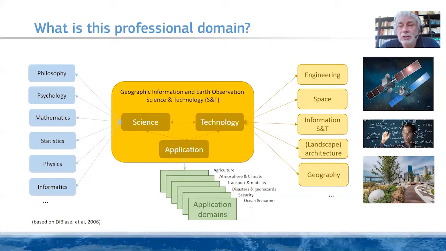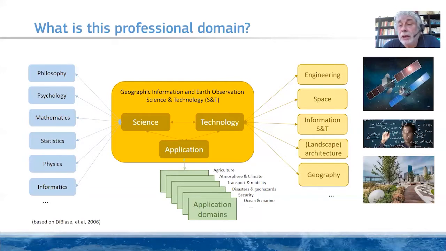You would not imagine that there is a link there, but to give just one example, for creating maps, there are some psychological insights on the use of color symbology for creating maps, for example.